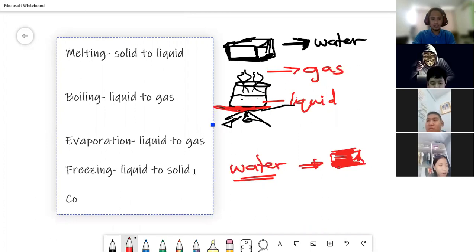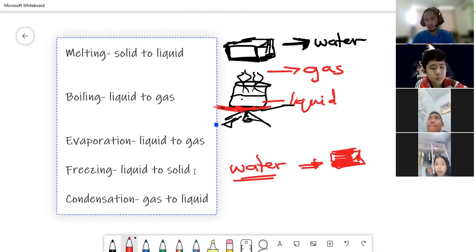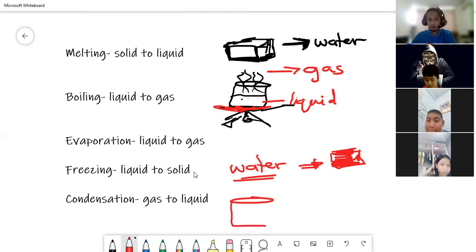Next one is condensation. Condensation is from gas to liquid. If we boil something and put a cover over it, we will trap the gas.